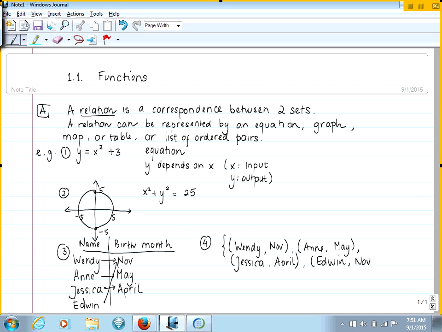So these are ordered pairs. Now we know a few types to express a relation. Have you seen this before? This is review for you, right? Okay, good.